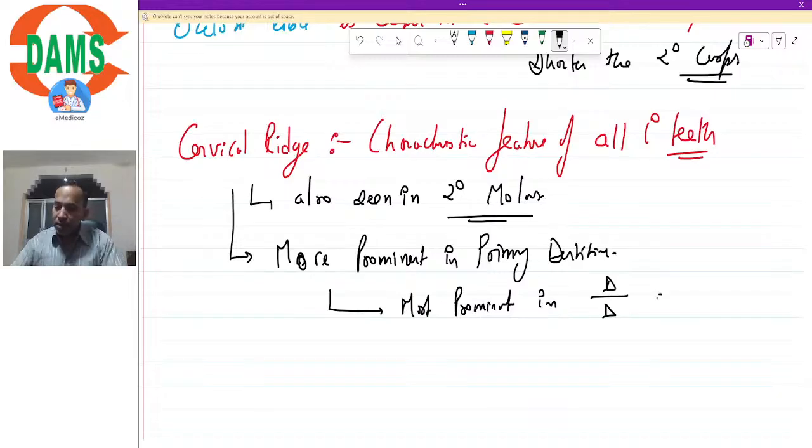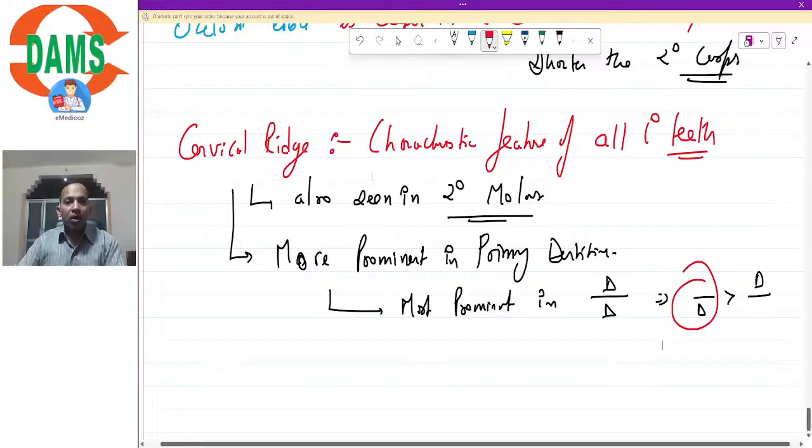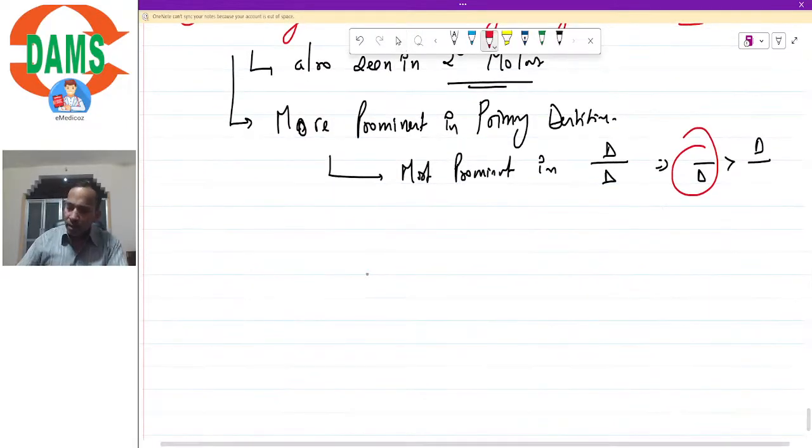And even among these, it is the lower first molar where it is more prominent as compared to the upper first molar. So the most prominent cervical ridge is seen on the lower first molar.